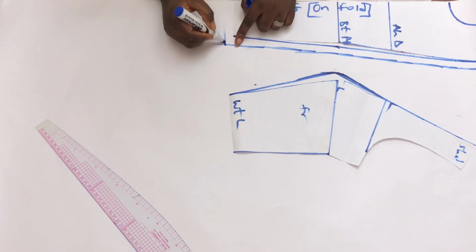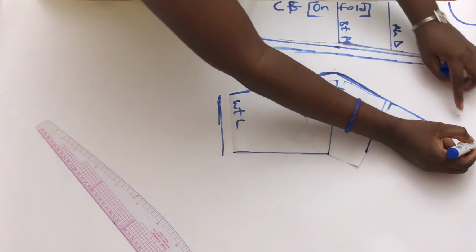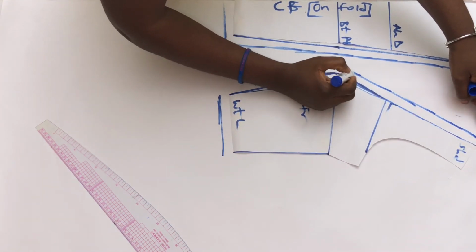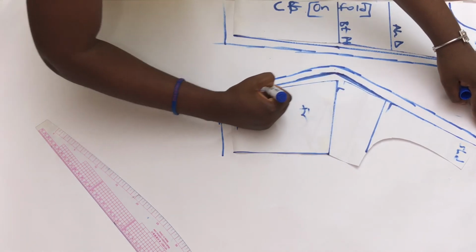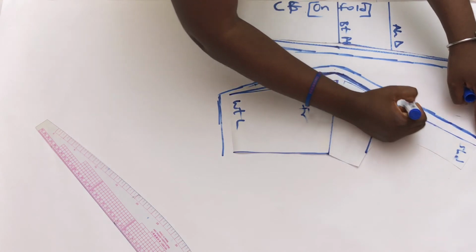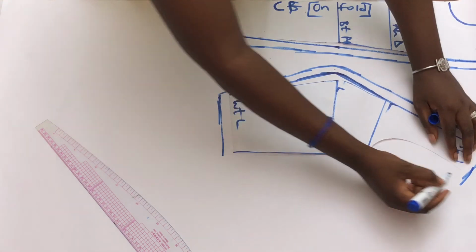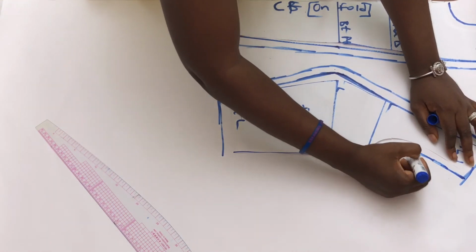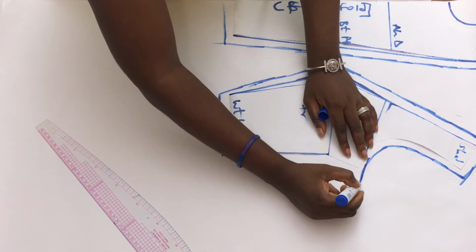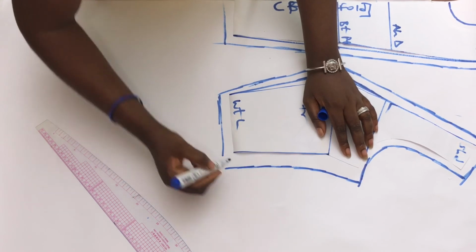I have a 0.5 all around, and I'll be having a 0.5 here too. The 0.5 at the shoulder. The 0.5 on the armhole. Then only the side piece, I'll add 1 inch to the side. You can use more than 1 inch if you want.